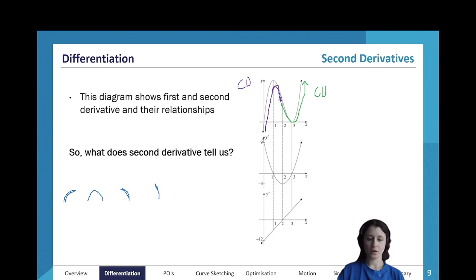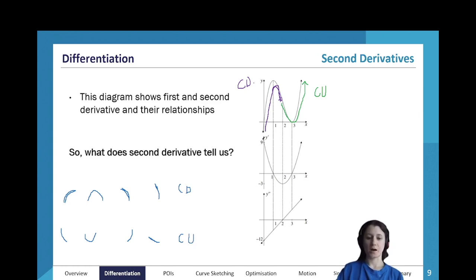Okay? Concave up might look like this, this, this, or even very gently like that. All right? So it's all just about thinking, would this part of the curve catch rain or would it deflect rain? All right? So this is concave down and this is concave up.